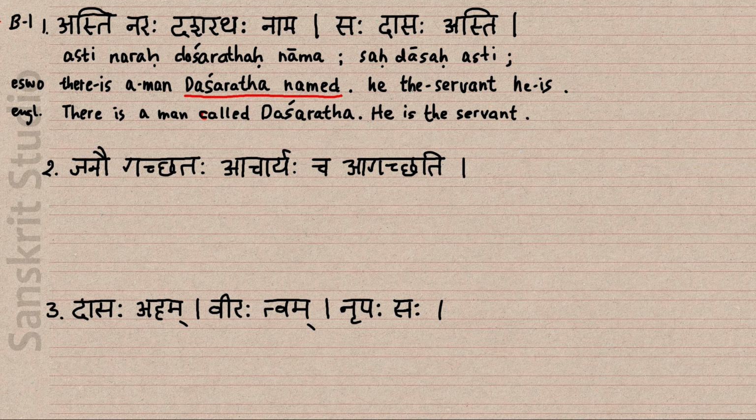So we have finished the first exercise on B1. Let's go on to number 2: janau gacchatah acharyah cha agacchati. So we do our transliteration.